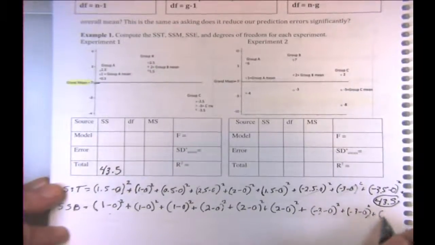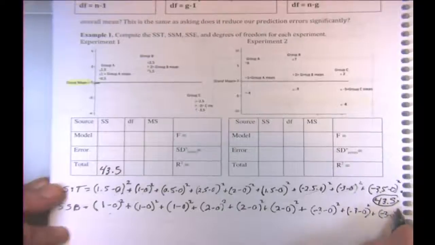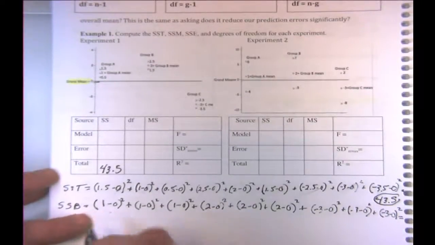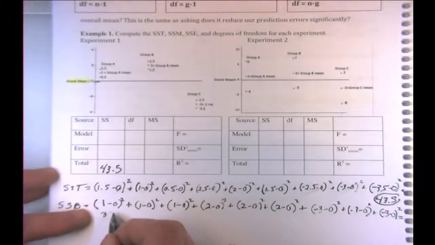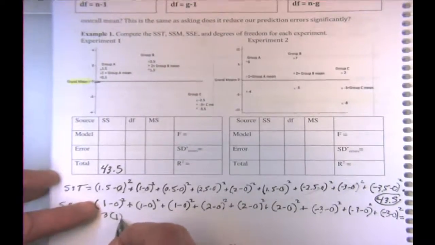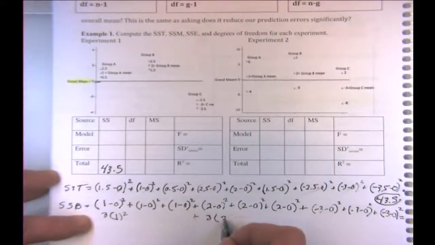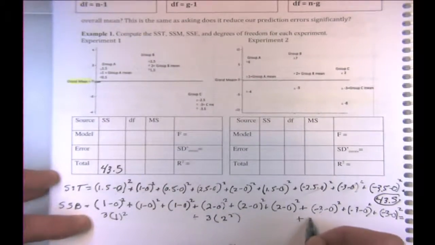Okay, now if we added these up together, what do we have? Another way to write this would be 3 times 1 squared plus 3 times 2 squared plus 3 times -3 squared.